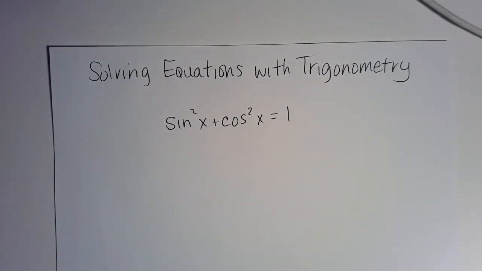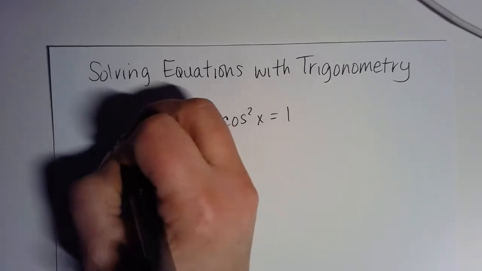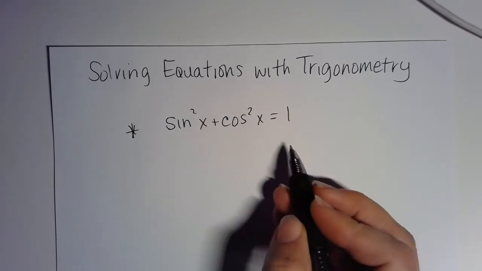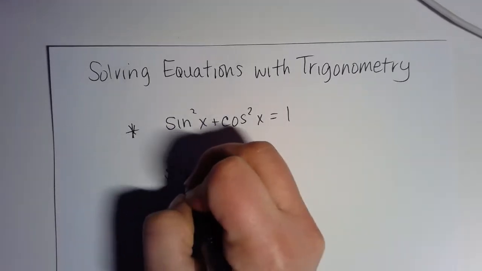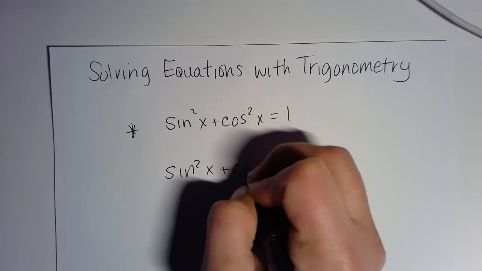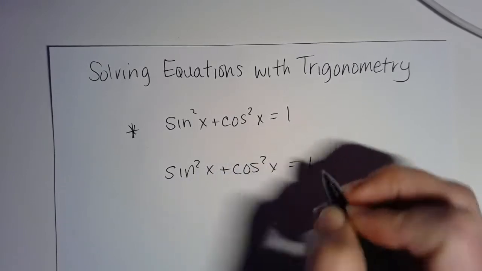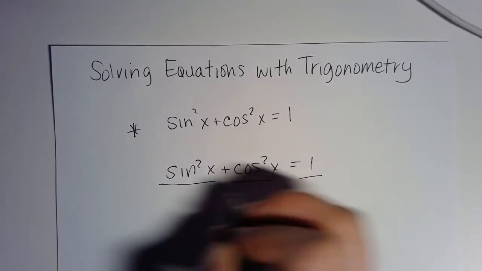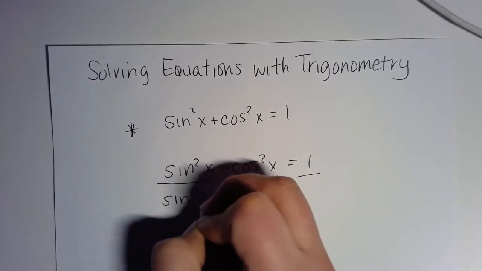And I can also alter this a little bit if I divide. So this is one identity, right? I can take this and divide everything. If I take sine squared plus cosine squared equals 1, and I divide it by, let's start with sine squared, I'm going to divide everything by sine squared.